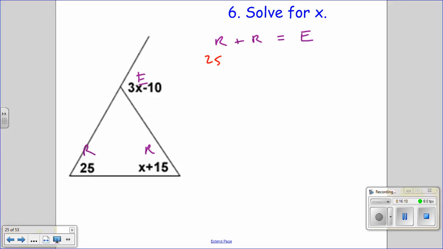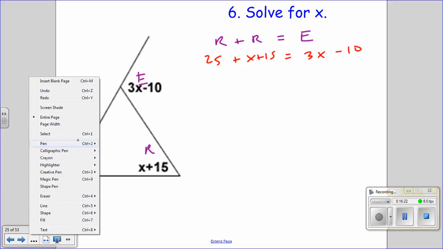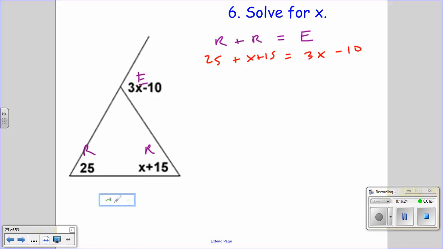So 25 plus x plus 15 is going to equal 3x minus 10. First thing I would do is combine 25 and 15 to give me 30 and bring down my x.